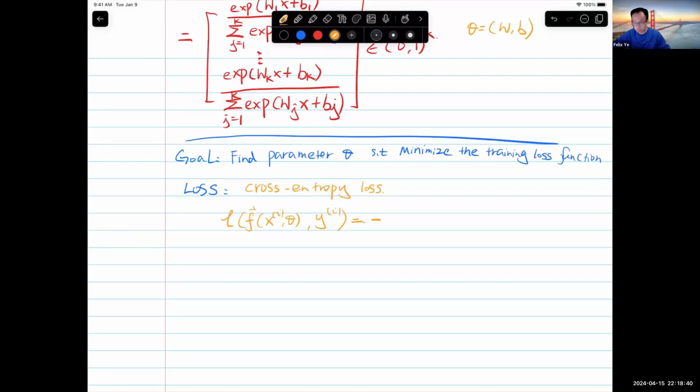The cross entropy loss is minus the logarithm of f_{y_i}(x_i). We know this is actually a vector, and you only choose the entry corresponding to y_i. So we know this is non-negative, bigger than or equal to 0, because my probability is always between 0 and 1.